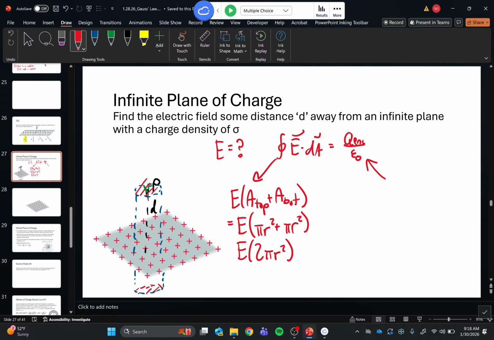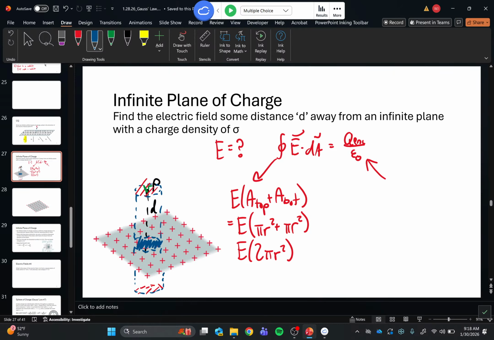Okay, looking at the other side. How much charge do I have inside of this bubble? I do not have all of it. Clearly this bubble does not include the entire plane. That's not a crazy claim. How much does this bubble include? It includes that much charge.